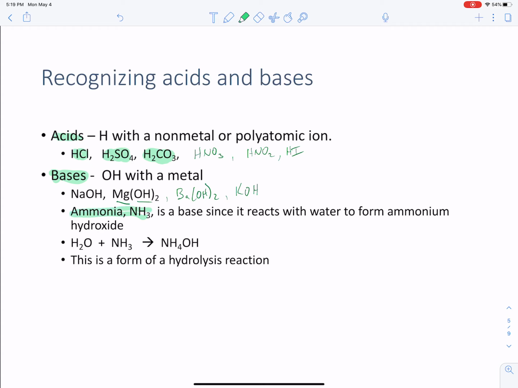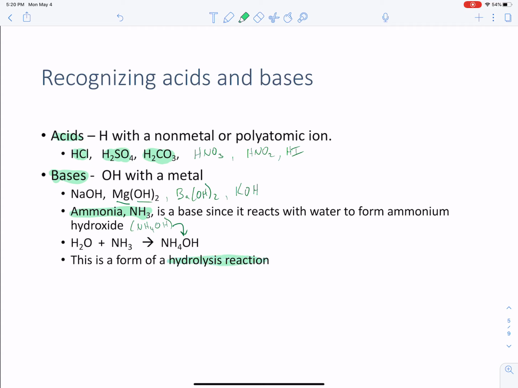And then there's this interesting one. Ammonia. Ammonia is a base because it reacts with water and forms ammonium hydroxide. That ammonium hydroxide is NH4OH. See it right there? So ammonia reacts with water to do this. It is a hydrolysis reaction.